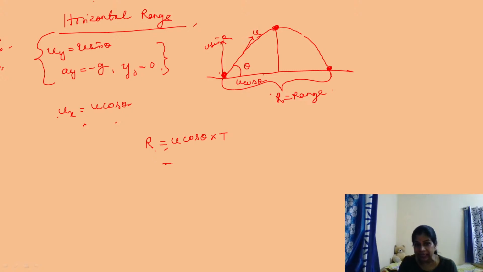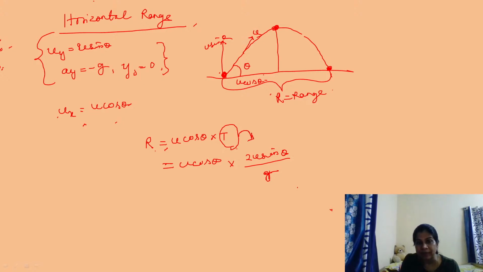So now I can say u cos theta, just a minute, u cos theta multiplied with T. What I derived just now, 2u sin theta divided by g. I derived the expression of capital T, didn't I? Just I put the value of capital T expression.